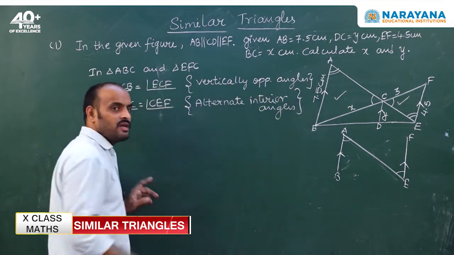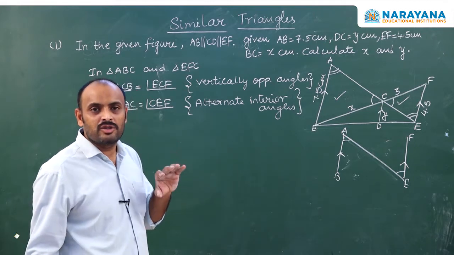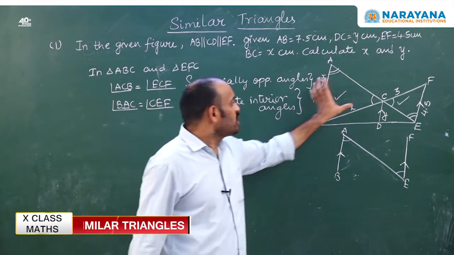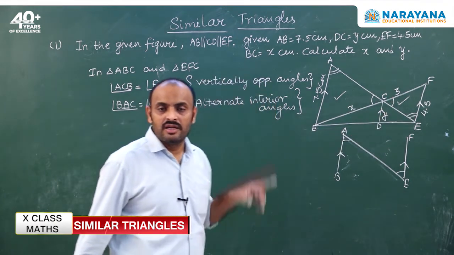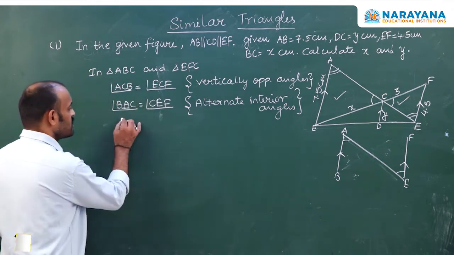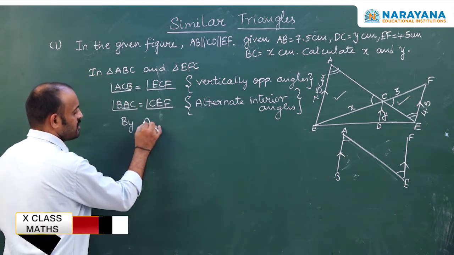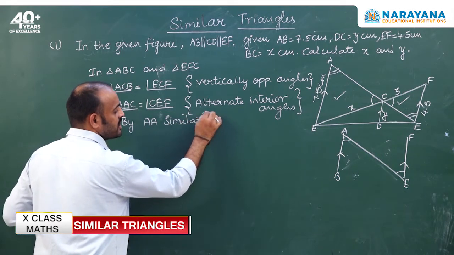Just now we have learned, according to the similarity criterions, if two angles of the first triangle are equal to two angles of the second triangle, the triangles are said to be similar by AA similarity criterion.